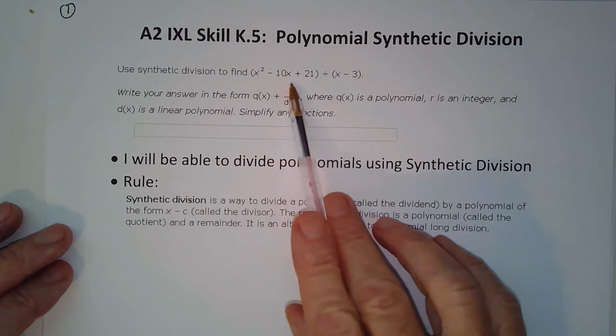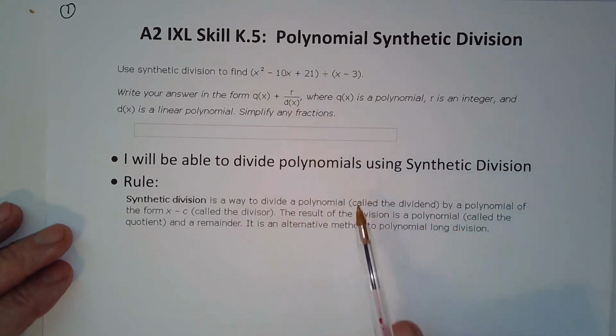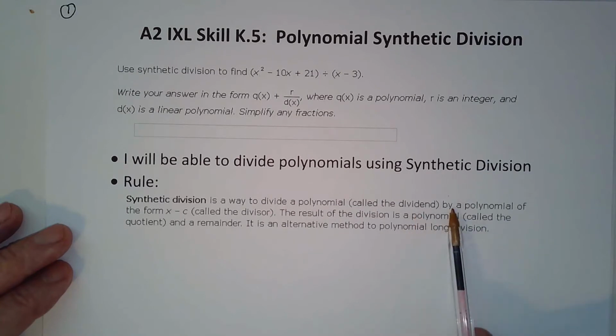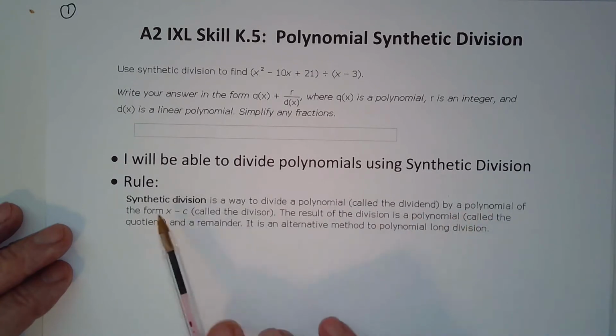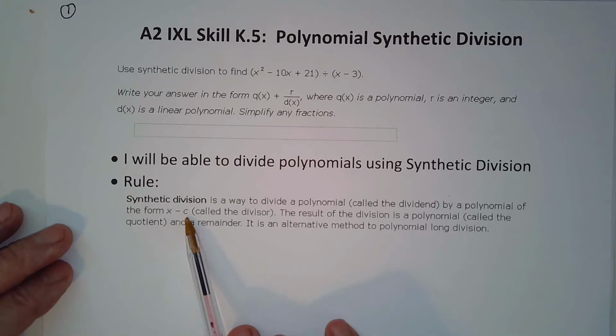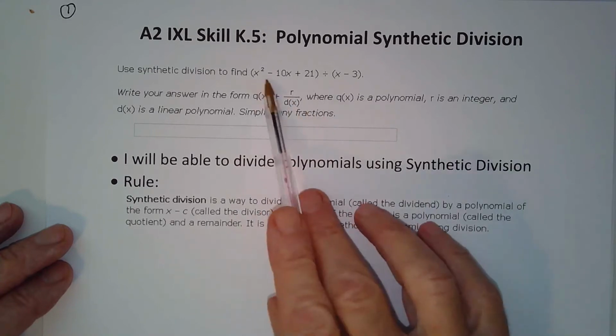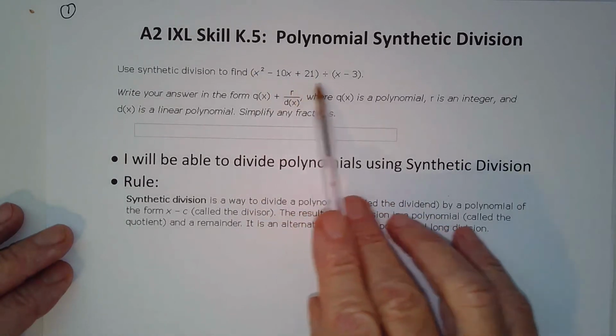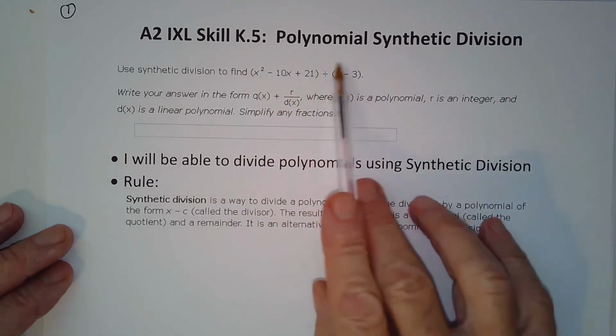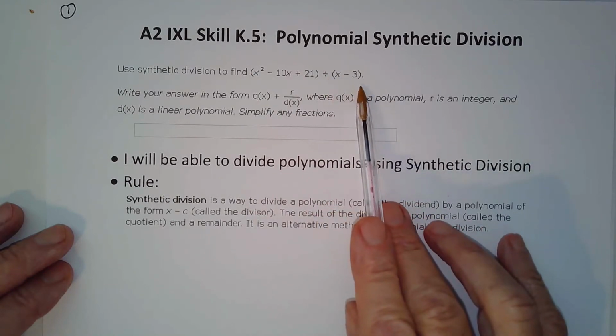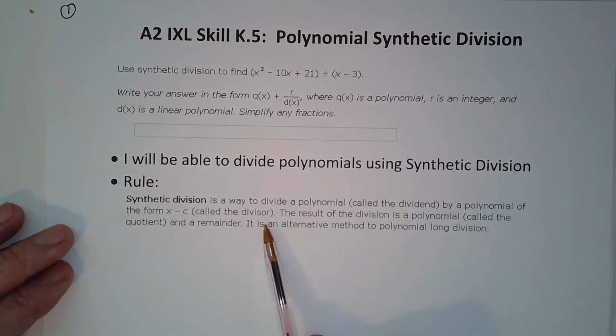So this polynomial, x squared minus 10x plus 21, is the dividend, the thing being divided, by a polynomial of the form x minus c, called the divisor. So this is the dividend. It's being divided by the divisor, or if you will, the divider, if that helps you to think of it that way. Okay? And the result of the division is a polynomial called the quotient.